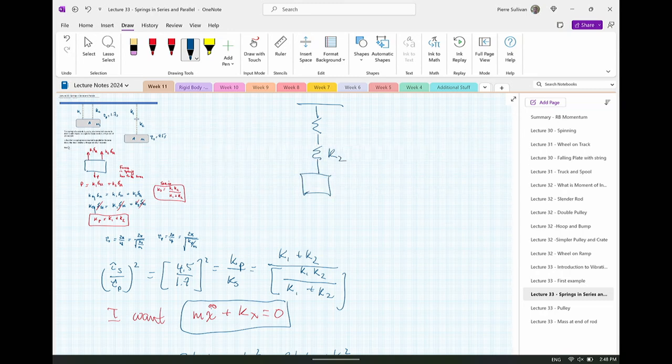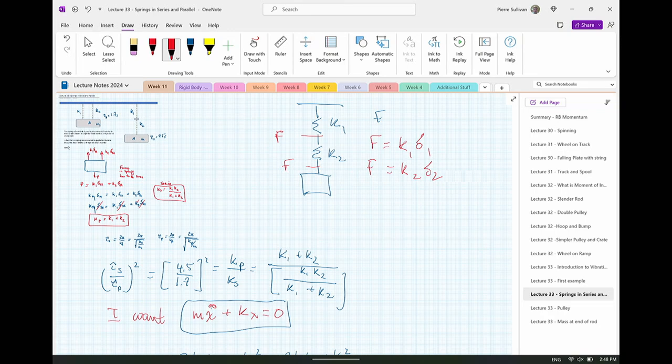So I have K1 and K2. In the series case, the force anywhere through the system has to be the same. So the force is equal to K1 delta 1. Force is equal to K2 delta 2. That doesn't mean that delta 1 and delta 2 are the same.